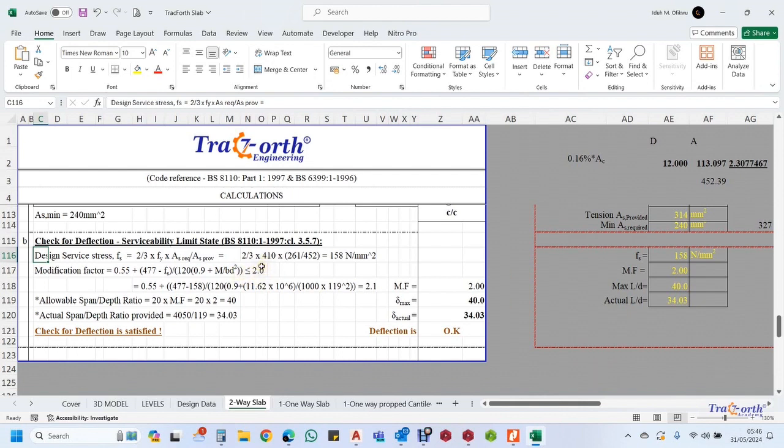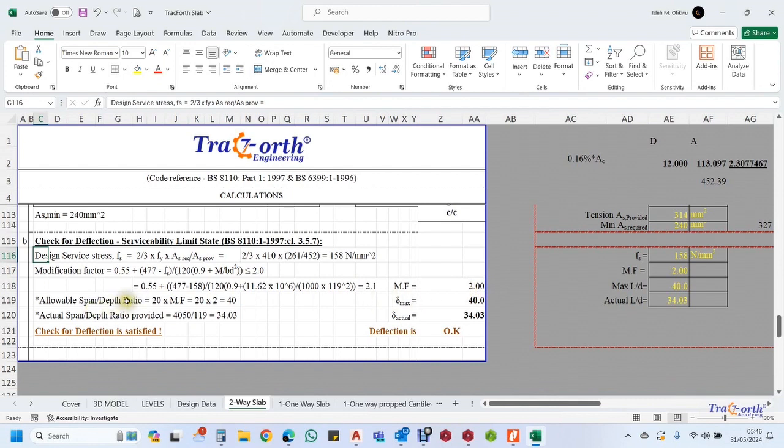It cannot be more than 2. So if after analyzing this, assuming it's 2.5, you have to limit it. You have to pick 2. So in this case, based on analysis, it's 2.1, so we use the modification factor to be 2.